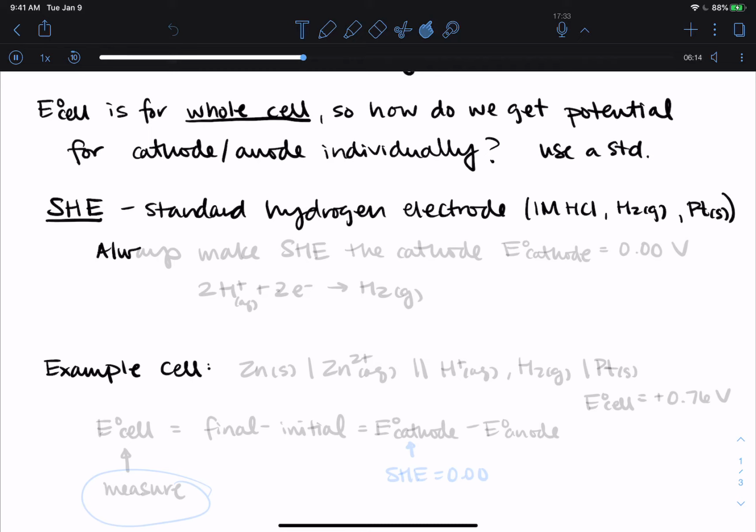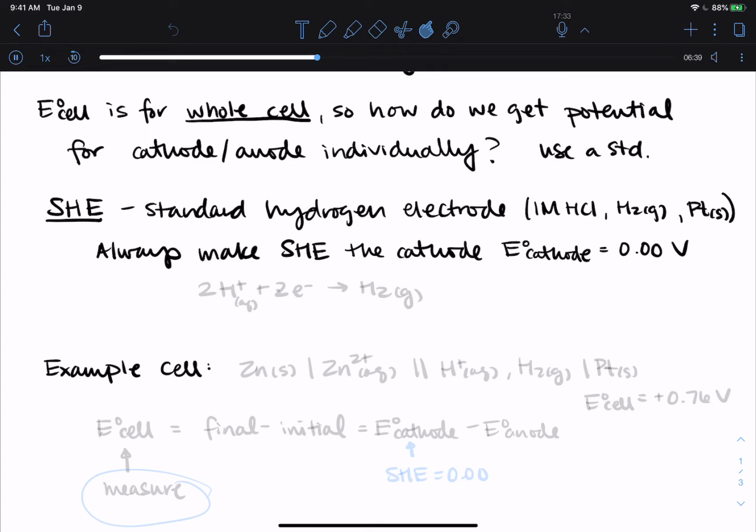So we always make the standard hydrogen electrode the cathode, and we set it to 0. So the standard potential for the cathode will be equal to 0.00 volts.